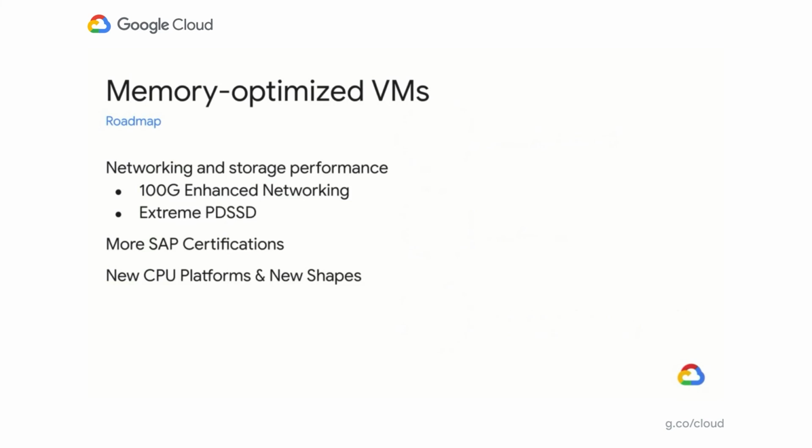We're looking at 100 gig enhanced networking capabilities, as well as new capabilities under extreme persistent disk that would bring you the highest storage performance for these large VMs. We're also looking at more SAP certifications so that you can run more workloads on these virtual machines. And as always, we're looking at newer CPU platforms, as well as additional shapes so that you can always right-size your VM and leverage only the resources that you truly need, minimizing waste.